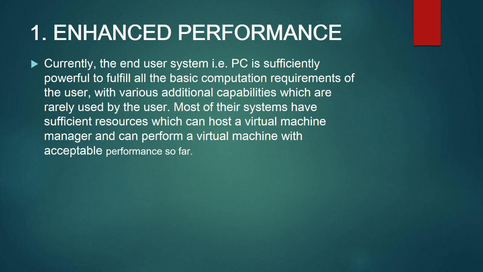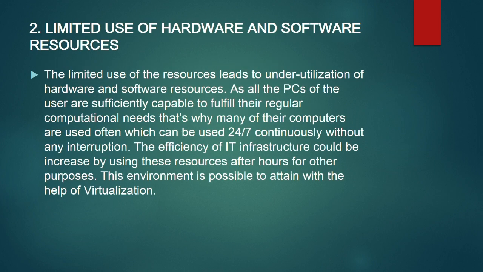Currently, end user PCs are powerful enough to fulfill the basic computation requirements of the user, leaving additional capabilities which are rarely used. Most of these systems have sufficient resources to host a virtual machine manager and can run a virtual machine with acceptable performance. The second one is limited use of hardware and software.